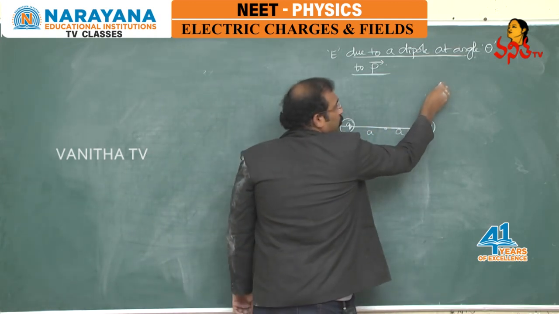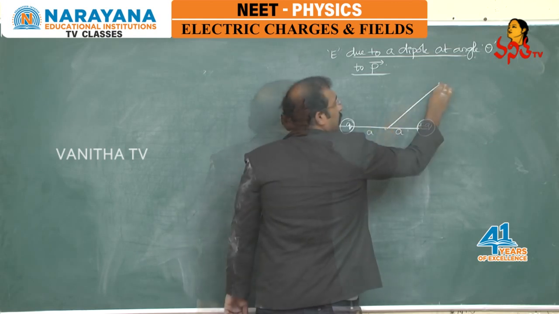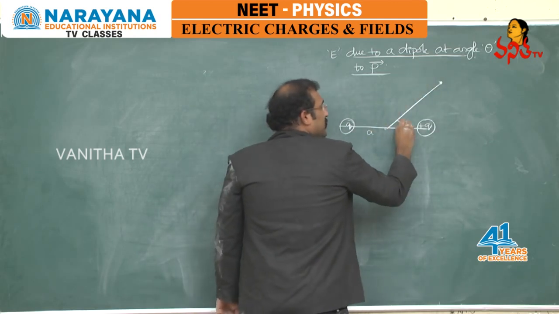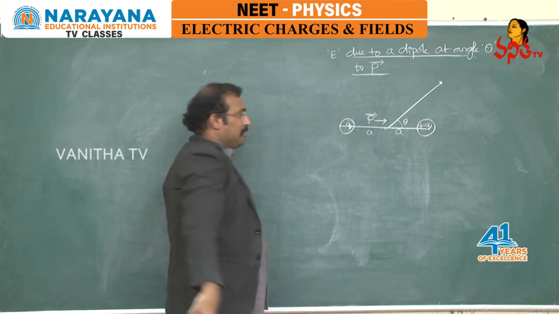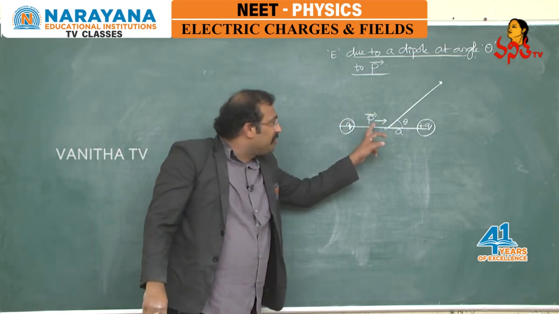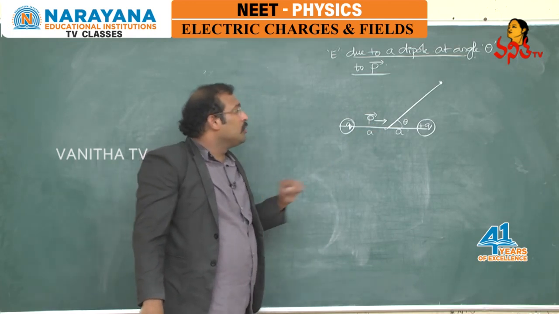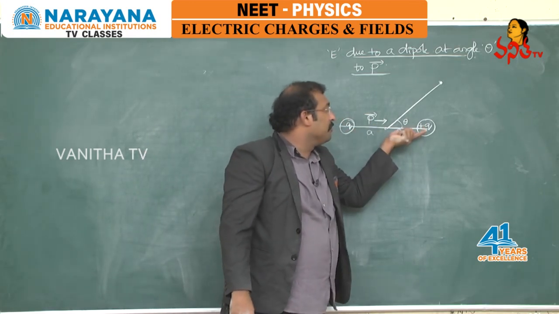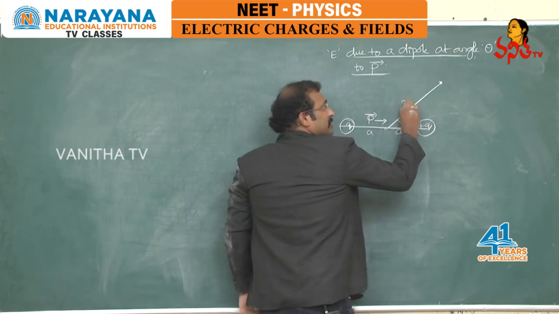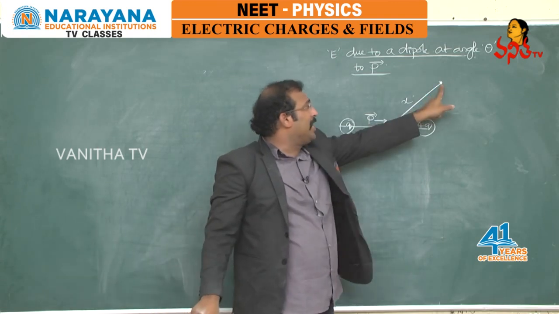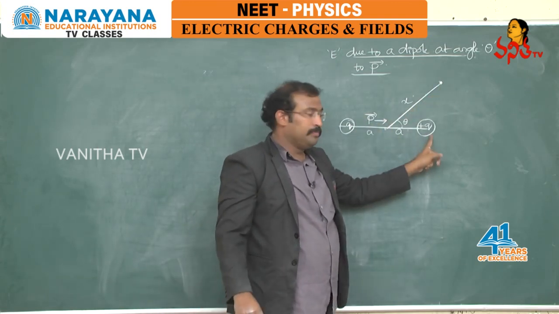Now I am considering a position vector. Here a point is being taken which is at an angle of theta to p bar. This is the direction of p bar, the direction of dipole moment. In this direction I am taking an angle theta, at a distance x, where we want to find the electric field due to this dipole.